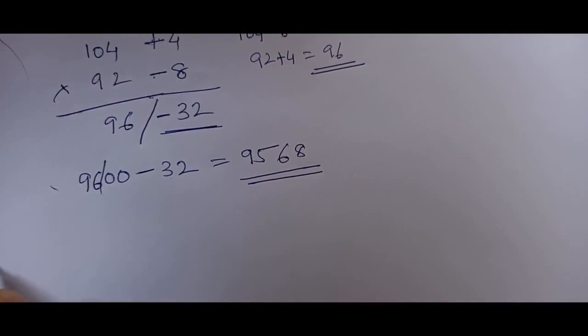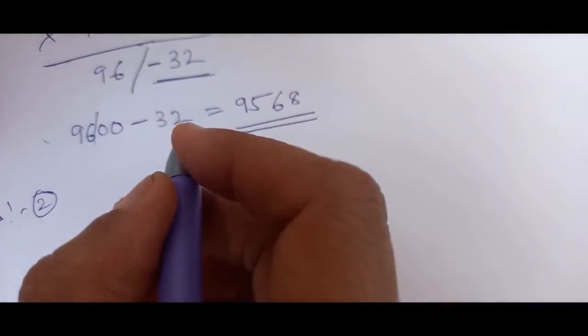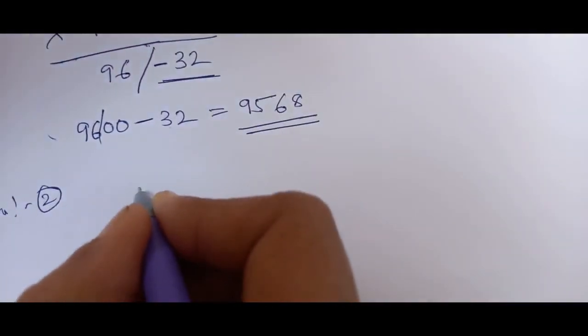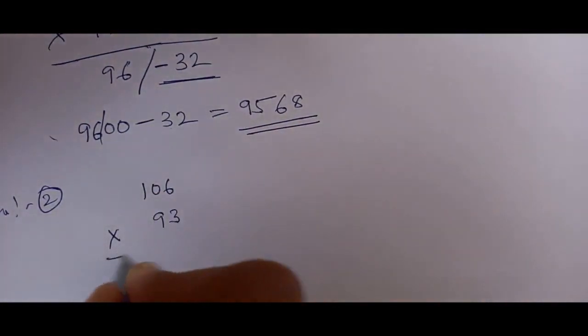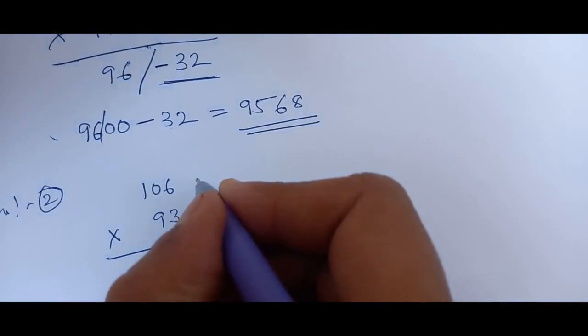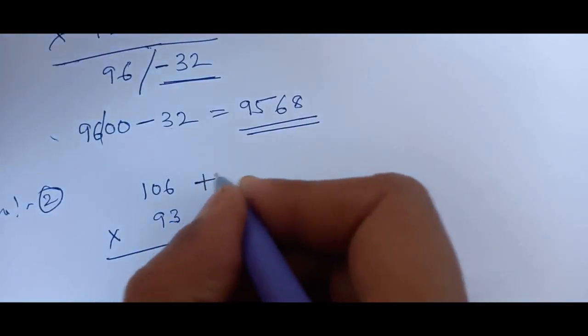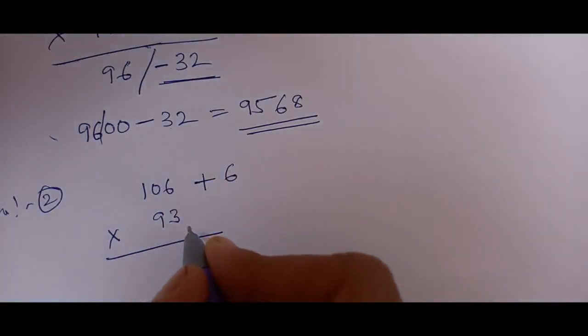Let's see one more example. Let's take 106 into 93. So 106 is more than 100. How much? It is 6. It is more than, no, so plus 6. 93 is less than 100.